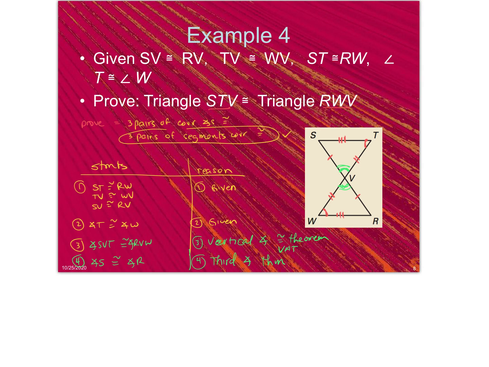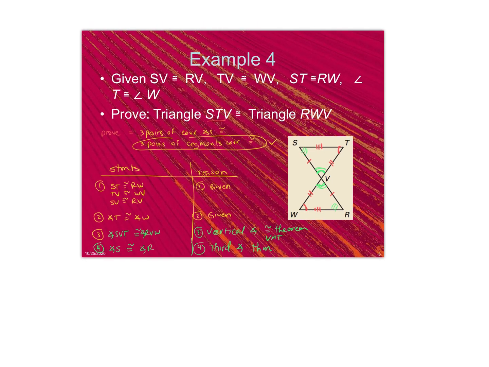The third angles theorem says if the other 2 angles are congruent, then the third one is congruent. And so at this point, this is really the end. When I get to 5, triangle STV is congruent to triangle RWV.